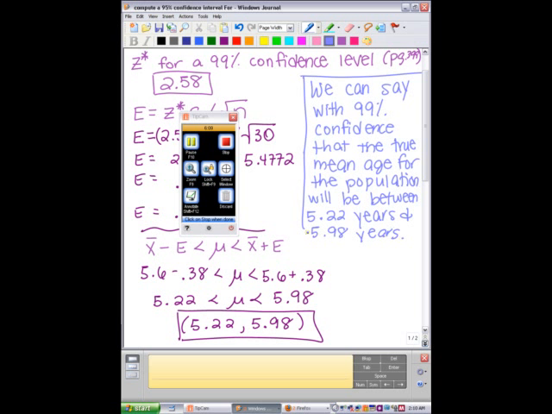And we're talking about vehicle years, not people years.